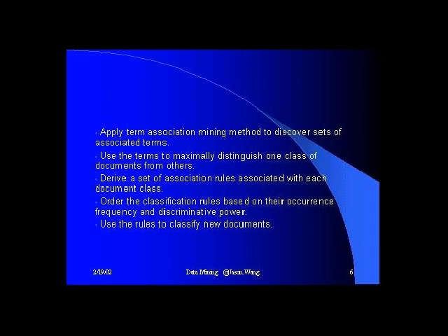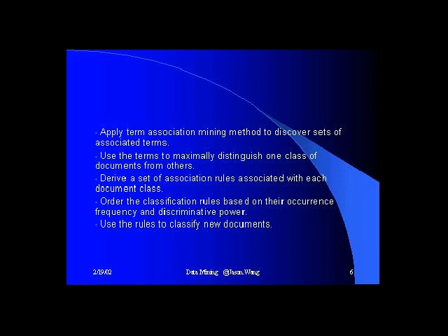And you try to find representative keywords for each class. So you look at the class of documents or magazines that are concerned with sports, and then you do the association analysis. You try to find associations between keywords in these documents.